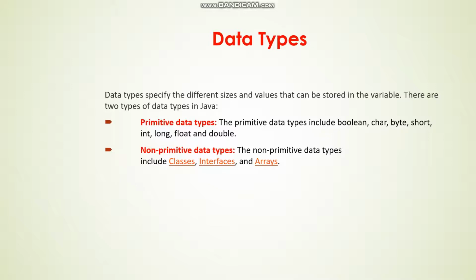And the other type is non-primitive data types, which include classes, interfaces, and arrays. In this tutorial, I will discuss the primitive data types, and the non-primitive data types I will discuss in the next video. Okay.